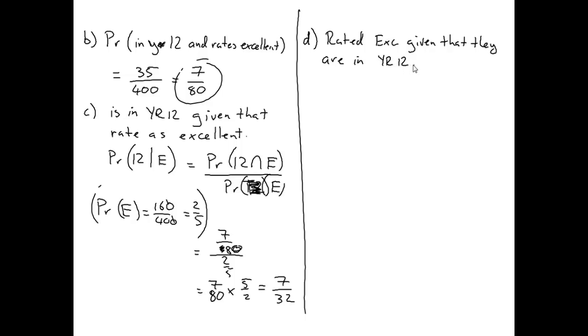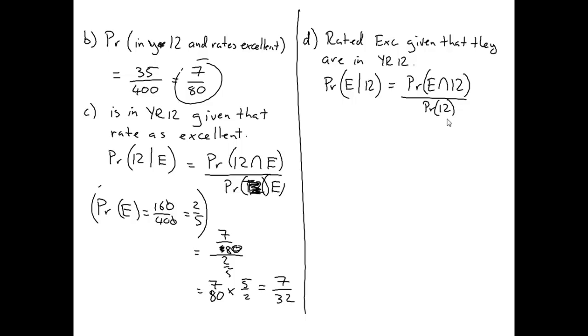So let's see how we would write that again. We're looking for the probability of rating the canteen as excellent given that you're in year 12, which means the probability of excellent intersection with year 12, this time divided by the probability that you're in year 12.